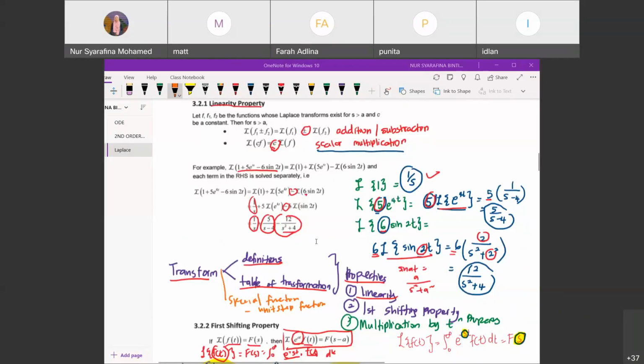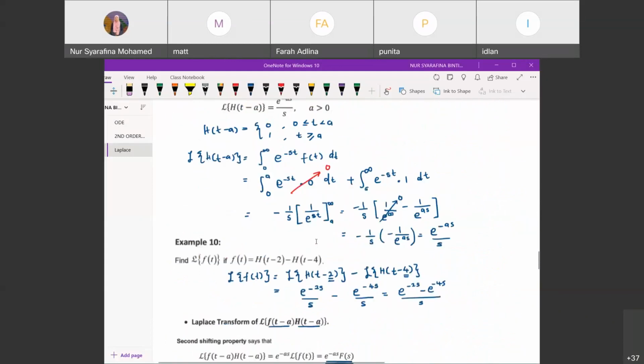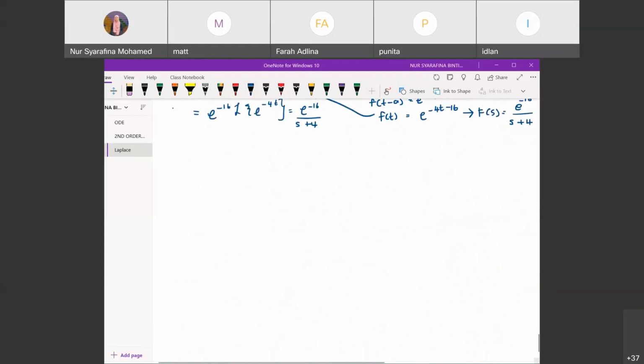Let's proceed again. Before our long break, let's just proceed with another topic, the Dirac delta function.